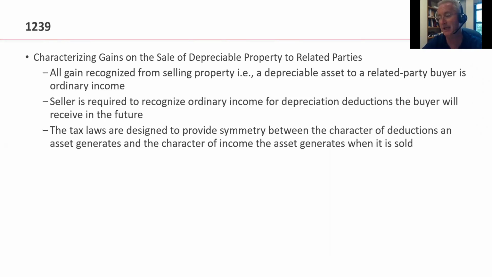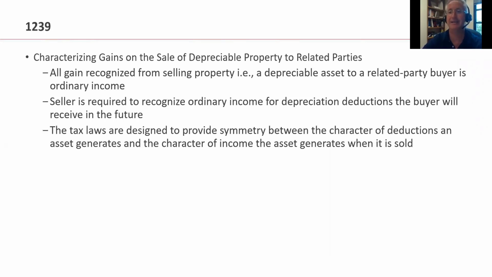So imagine a situation where you had a bunch of related corporations. And what was happening is the first corporation bought a piece of property, depreciated it fully under the accelerated provisions, but it still has value. So then they sell it to their sister corporation. Their sister corporation just established basis in it and starts depreciating it. Then they sell it to another sister corporation. Their sister corporation establishes basis and starts depreciating it.